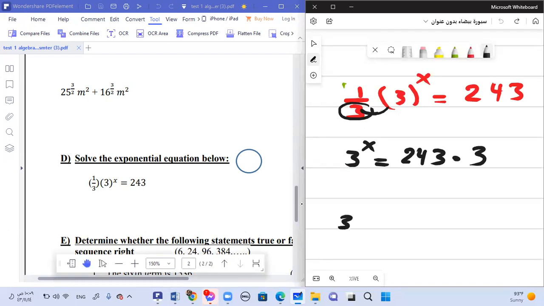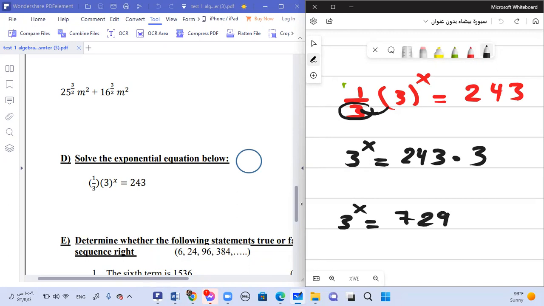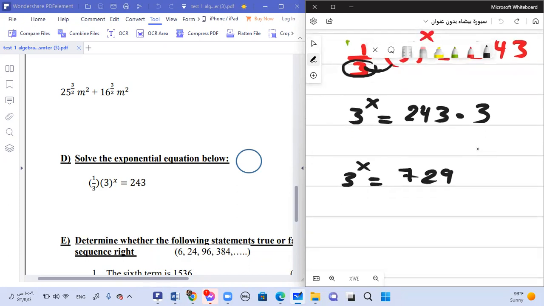Yes. 3 power of x equal, use the calculator, 729. Any problem? The last step, to solve any exponential equation, we should write 3 power of x and convert this number. It will be 3 power of something, I don't know.